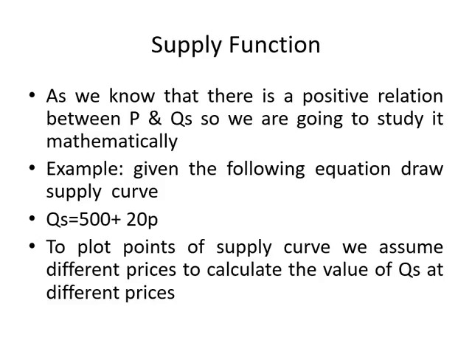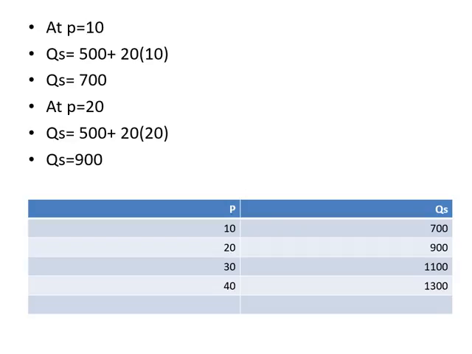Let's move. Again, I'm going to assume at price equals 10. This is not a must. You could put price 2, 3, 4, any number, and then you are going to substitute with supply function. QS equals 500 plus 20 times 10. So the result is QS equals 700. So when price is 10, firms will be supplying at this price.